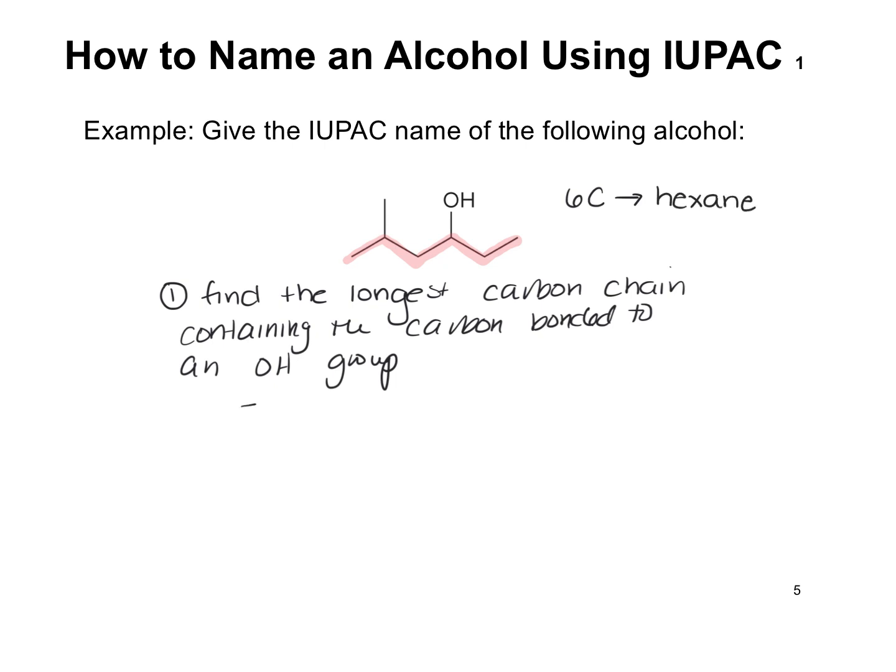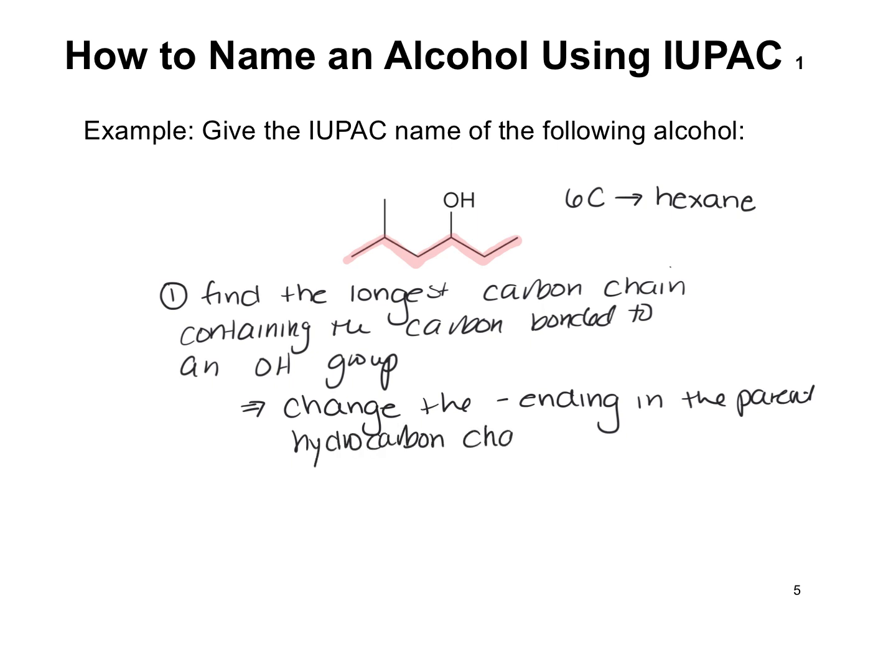And so what we're going to do here to differentiate it from a hexane is to change the E ending in the parent hydrocarbon chain to OL. And so because there's an alcohol here, this now becomes hexanol, right? Where we've taken away the E and we've added the OL there.